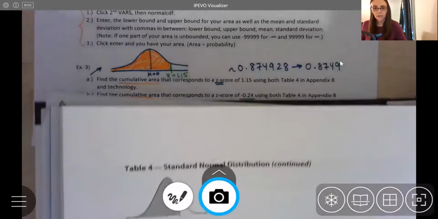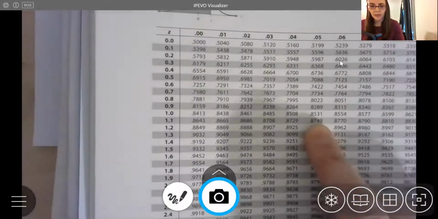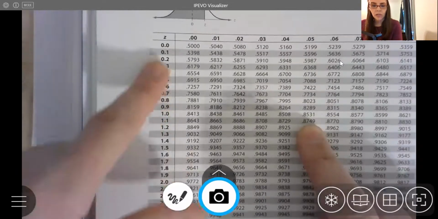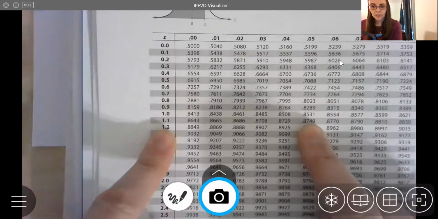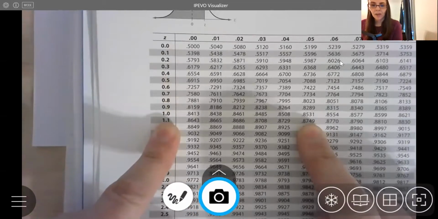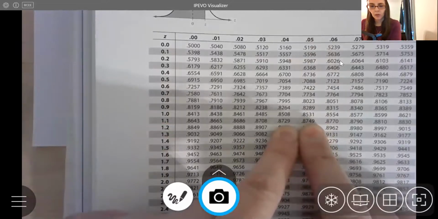See right there, there's an 8749. Okay, so again, it breaks it up a little bit strangely. So your first 2 digits are on the left here, so I need the 1.1, but then my value is 1.15, so that 5 comes up top, and then you're matching up your row and your column.